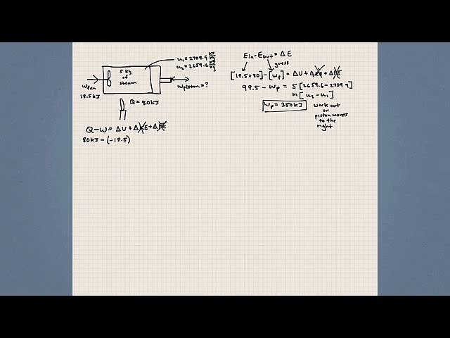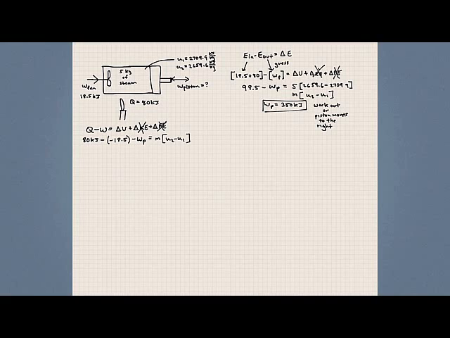All right, do we have any other works that we need to take into account? Yes, the work of the piston. And again, we're assuming that this work of the piston is going to be positive, so we'd have a minus work of the piston. And this is equal to the mass times U2 minus U1.